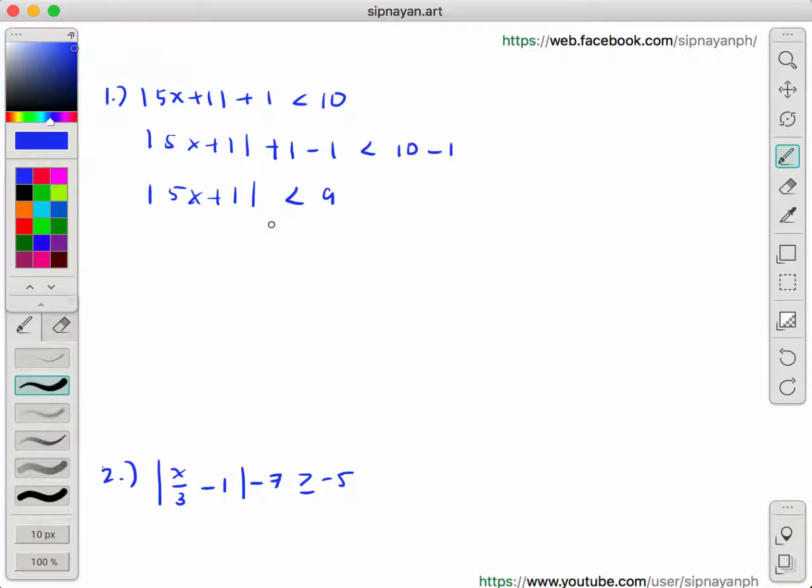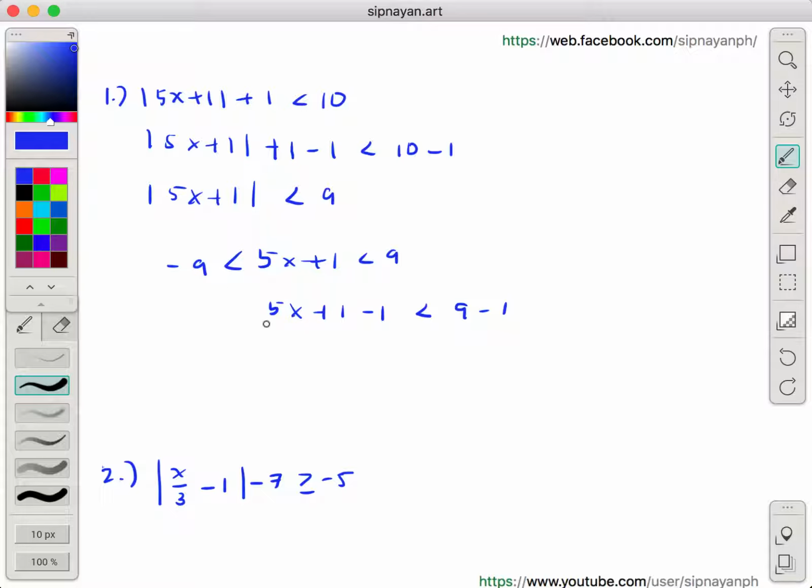Now this is case 1. If you remember our previous videos, it becomes 5x plus 1 is less than 9 but greater than negative 9. Again, we remove the 1 here, so we subtract 1 from all sides, or all expressions. So 5x plus 1 minus 1 is less than 9 minus 1.